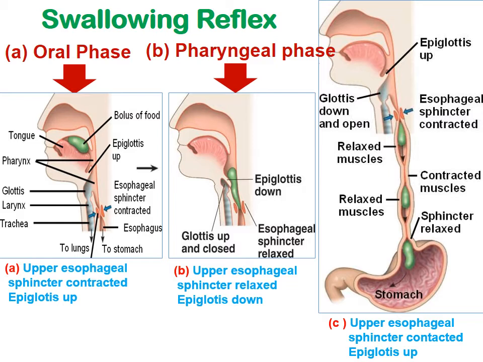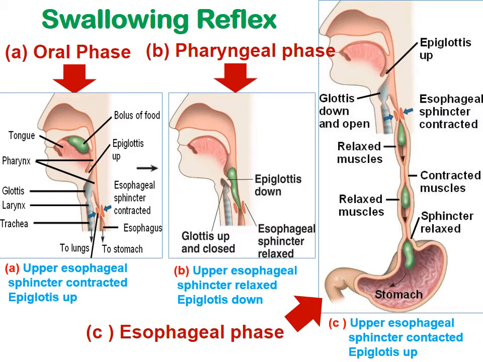If you cannot stop breathing while swallowing, you might choke. The food materials, instead of going into the esophagus, might enter into the respiratory tract. That is the reason why the epiglottis is closed and there is a temporary stoppage of breathing. So this is essential to know.